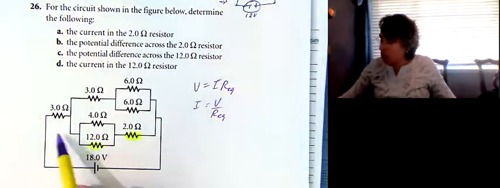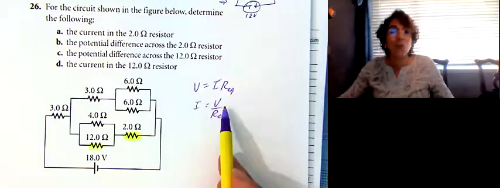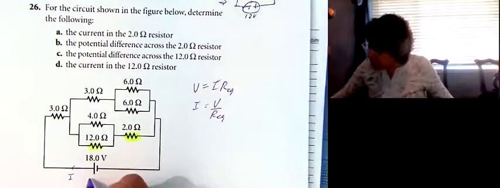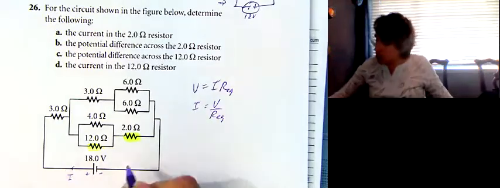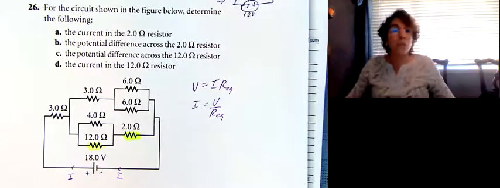So we want to figure out what the equivalent resistance is. We'll put that in the denominator, we'll put 18 volts, and then we'll know how much current is coming out of the battery, the longer one is the plus, the minus, and how much current is going in. Because that would be the same, current doesn't change there.